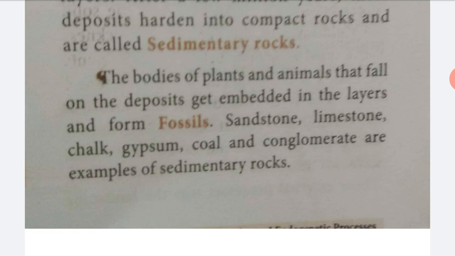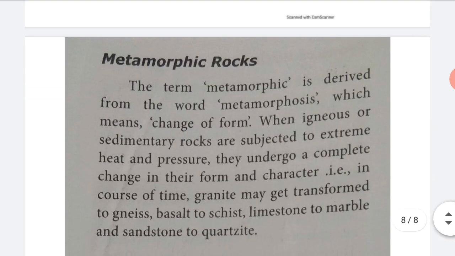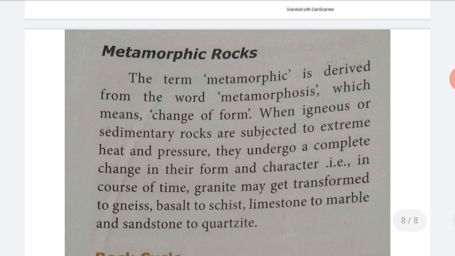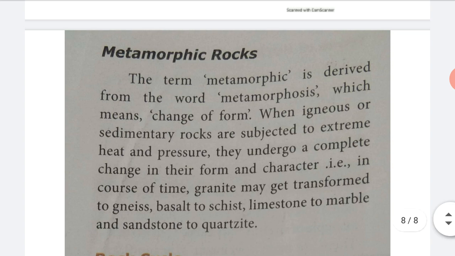The next type is metamorphic rocks. The term metamorphic is derived from the word metamorphosis, which means change of form. When igneous or sedimentary rocks are subjected to extreme heat and pressure, they undergo a complete change in form and character.